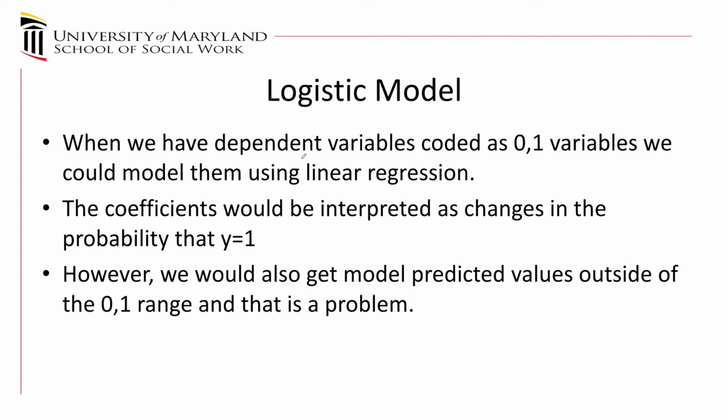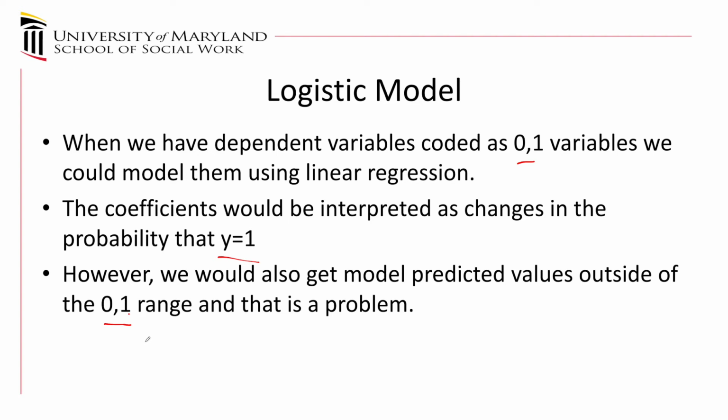So when we have a 0-1 variable, we could just model it as a linear regression, and the coefficients would be interpreted as a change in the probability that y equals 1. It's a nice interpretation, just the change in the probability. The problem is the model gets wonky really soon because you can't go below 0 or above 1 in probability models, but regression doesn't know that.